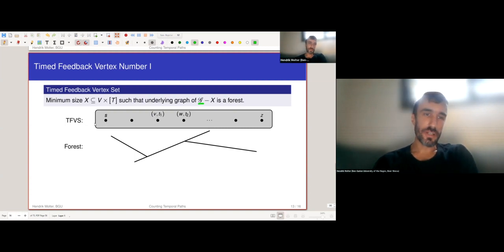So you have your time feedback vertex set as vertex appearances somewhere here, and what remains of the temporal graph is some forest structure.